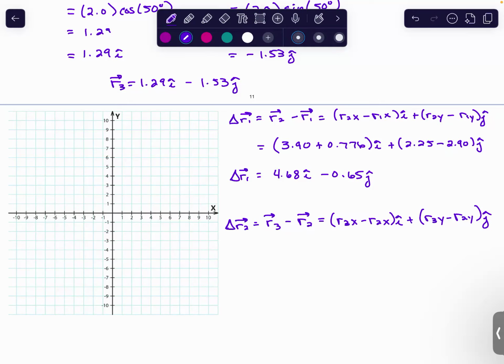We're just subtracting position 3 where the vectors R3 and R2. And does it make sense to you why I did 2 minus 1 and 3 minus 2? Final minus initial. Yeah, so remember, you don't want to do it the other way because in science, your delta is always a final minus initial.